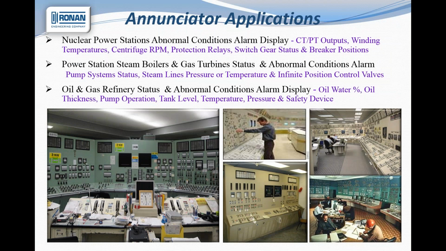They're looking at some different kinds of outputs: temperature, centrifuge, RPM, protection relays, gears. In power stations and steam boilers, looking at pump status, steam line or pressure, temperature, valve control positions. In oil and gas, oil water percentage, oil thickness, pump operations, tank level, temperature, pressure, safety devices.